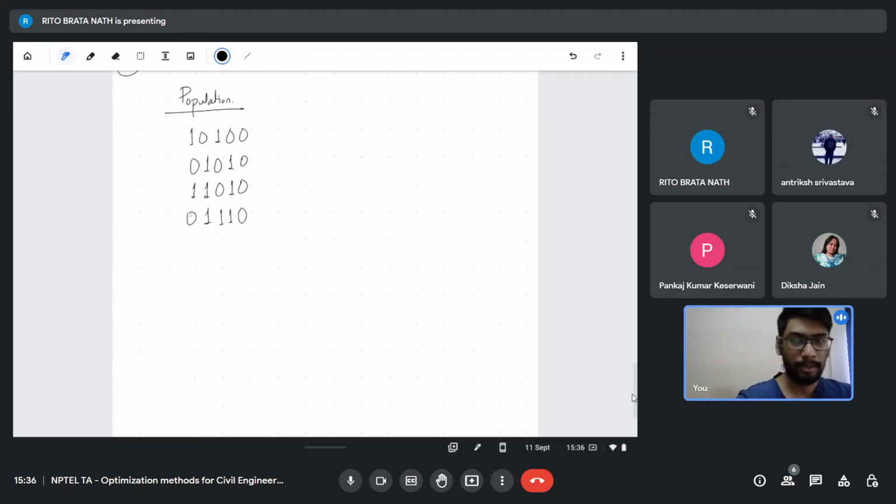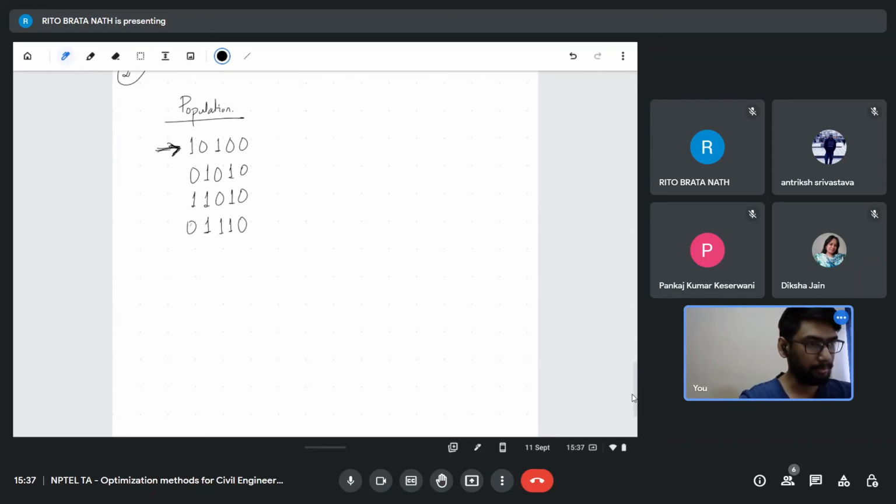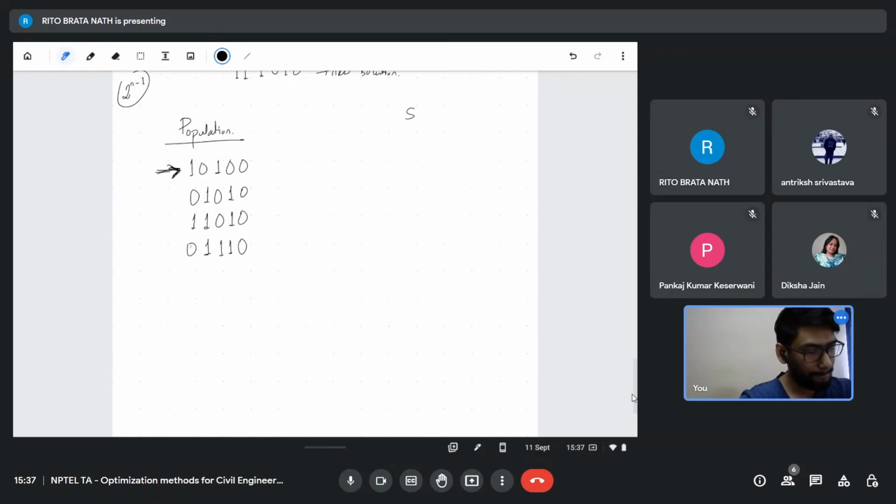These are your 5-bit binary strings, and you have to find the strength of fitness of a chromosome. You can also call these a chromosome or a solution, whichever you want. Suppose I want to know the fitness of this chromosome. In that case, suppose you have also been given the fitness function. So suppose this is your strength of fitness function.